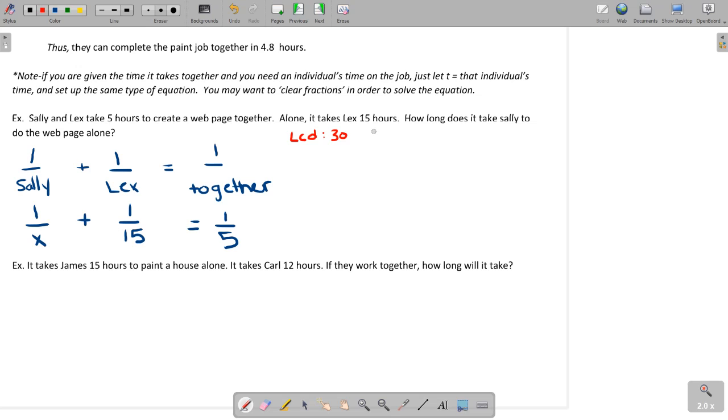And then we need an X. So we're going to multiply everything by 30X. Okay, so these X's are going to cancel. That's going to give you a 30. Let's see, 15 goes into 30 2 times.